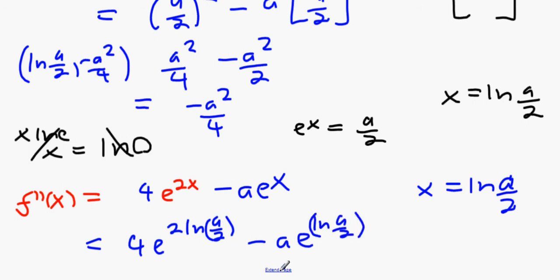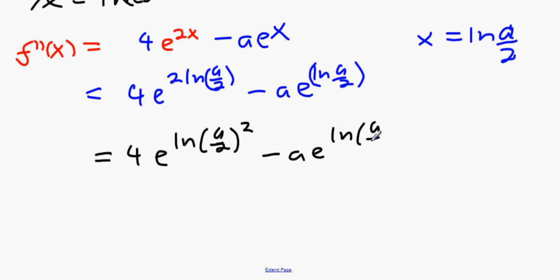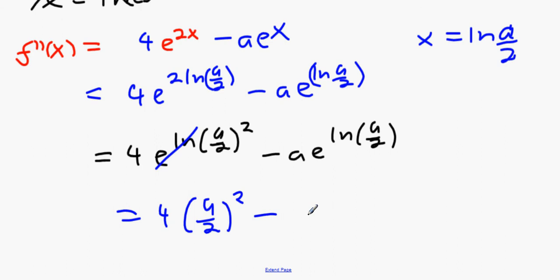So what's going to happen here is the same thing as last time. We're going to get equals 4 e to the power of ln a over 2, squared, minus a e to the ln a over 2. Now remember, e and ln are inverses of each other, so we're going to get 4 times a over 2 squared minus a times a over 2.